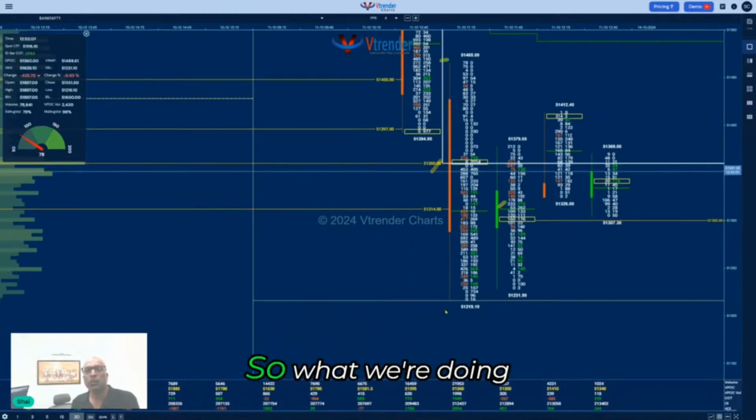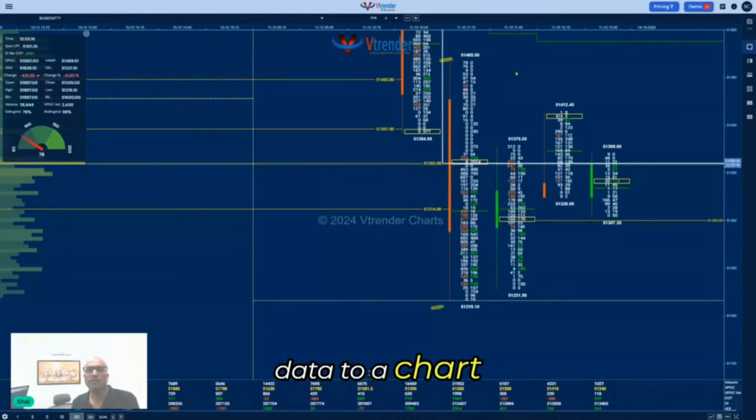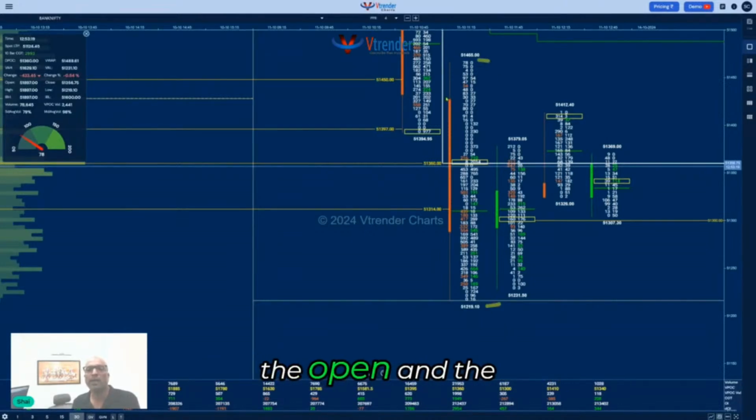What we are doing in order flow is adding data and information to a chart, and trying to find out what happened between the high and the low of the bar, or between the open and the close of the bar, right?